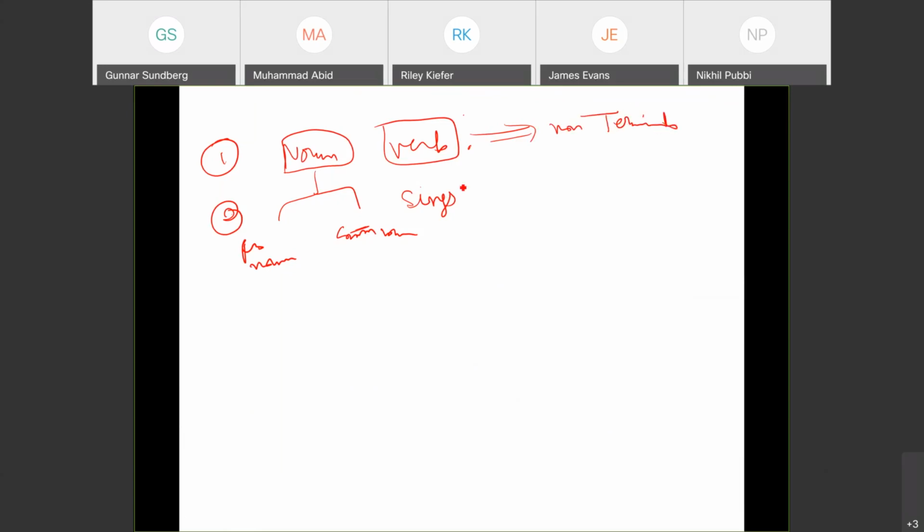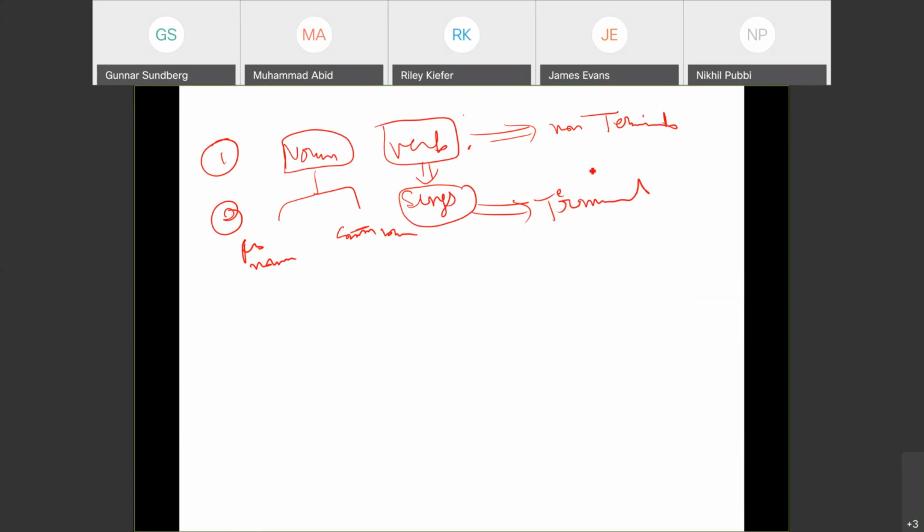If you see that we replace this non-terminal with sings, and sings is a word, you cannot replace that with something else. So this thing is a terminal.